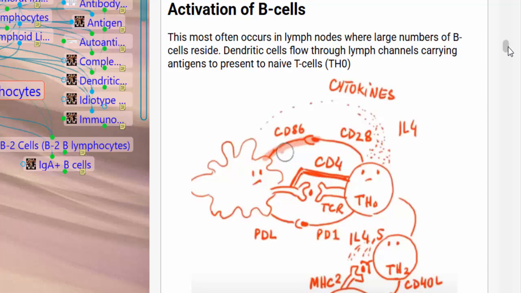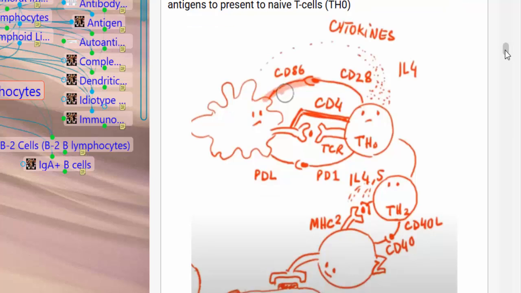The activation of B cells usually occurs in our lymph nodes, where there are a large number of B cells. Dendritic cells flow through lymph channels, carrying antigens to present to naive T cells. And here's an illustration. This comes from that video I asked you guys to watch from Dr. Bean several weeks ago.